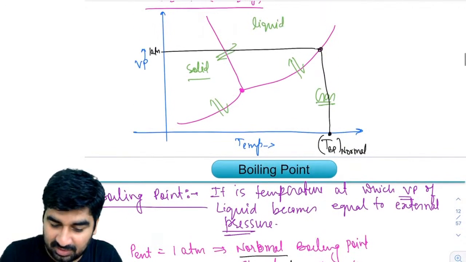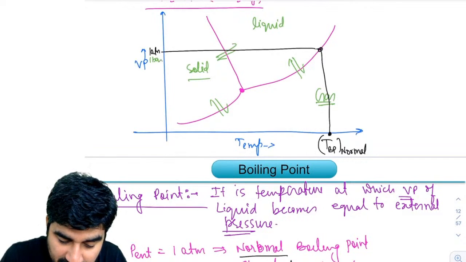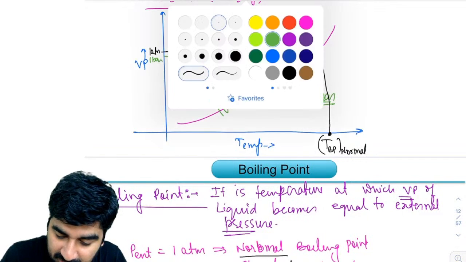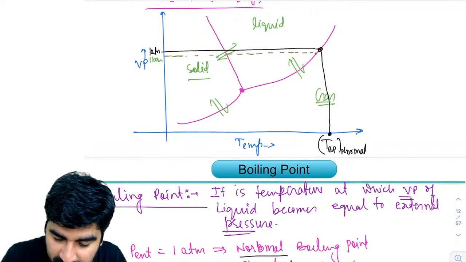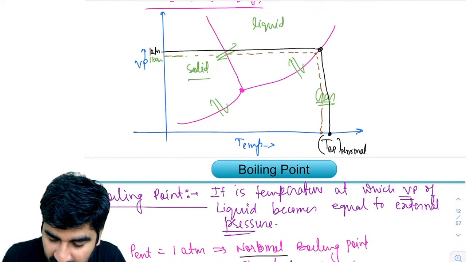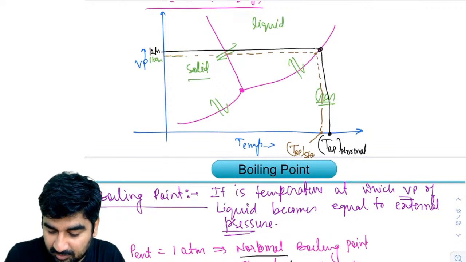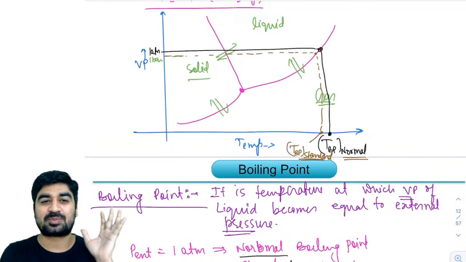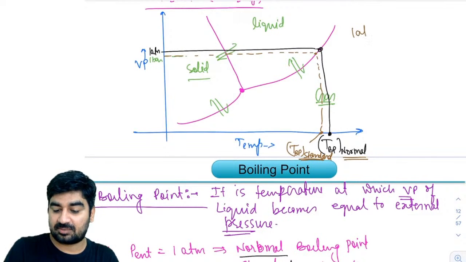So, guys, here I will tell you. If this is 1 atm, then 1 bar will be slightly less than it. Let me take one more color here. Yes, and this temperature, this boiling point is called standard boiling point. And again, standard boiling point will always be smaller than the normal boiling point. You can see it from the graph, because 1 atm is equal to 760 torr, and 1 bar is equal to 750 torr.